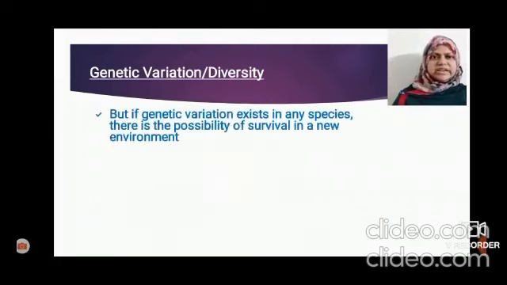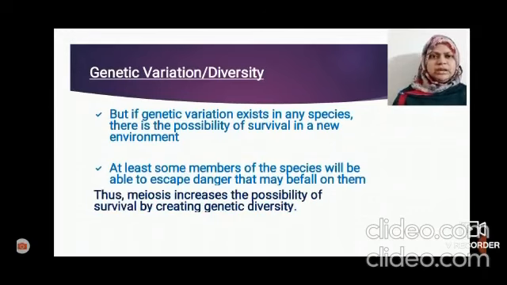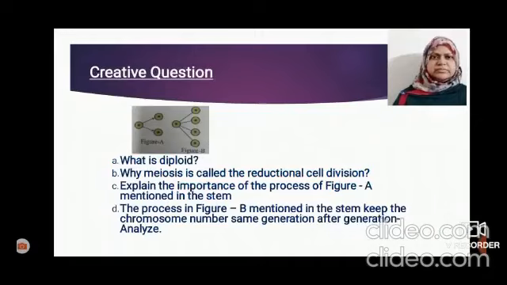But if genetic variation exists in any species, there is the possibility of survival in a new environment. At least some members of the species will be able to escape danger that may befall on them. Thus, meiosis increases the possibility of survival by creating genetic diversity.